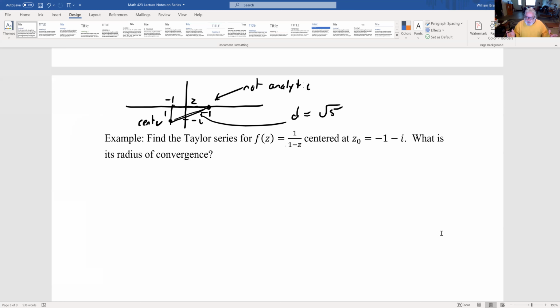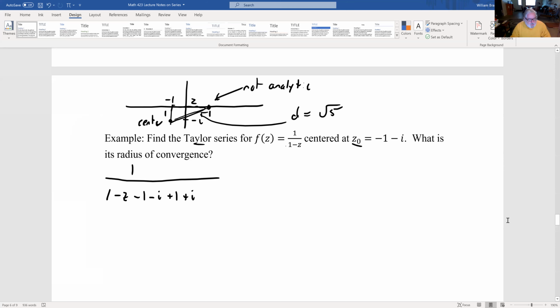And hopefully that'll drop out at the end, because we always have to substitute in for the radius of convergence. So how do we find the Taylor series for this if we want to shift the center? We'll add and subtract the center from z. That's what we've done, added and subtracted that.